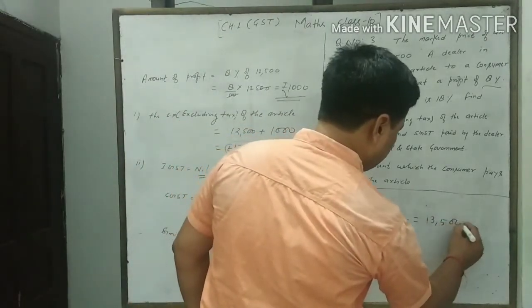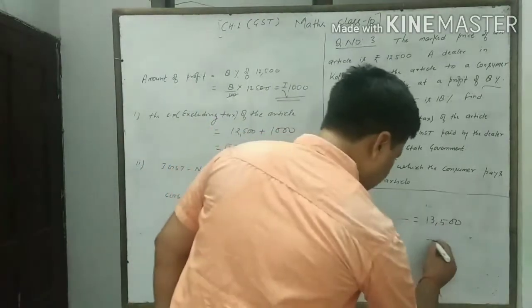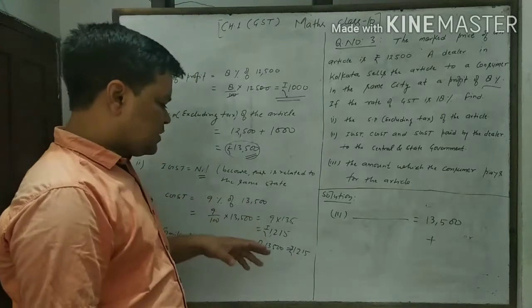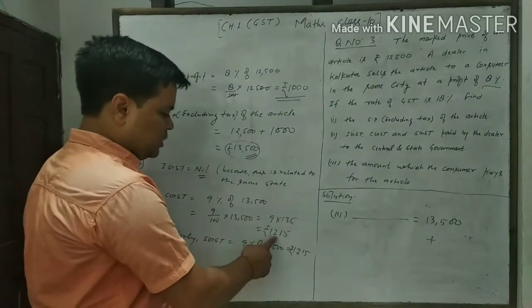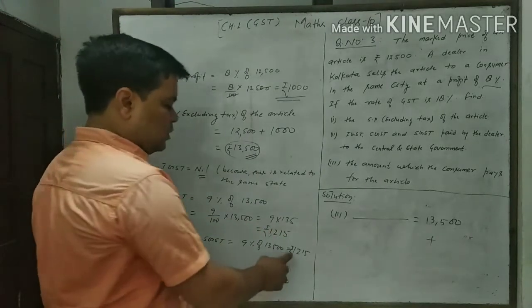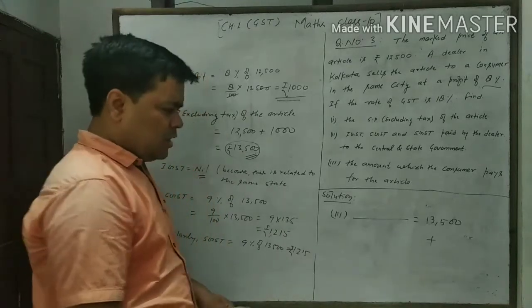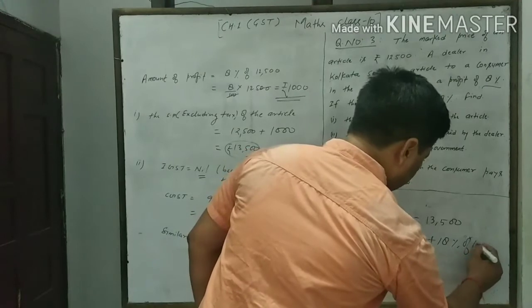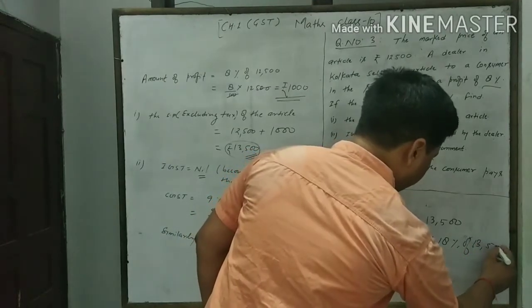13,500 plus GST. GST we can write separately, just like 1,215 rupees plus 1,215 rupees, or we can write here 18% of 13,500 rupees.